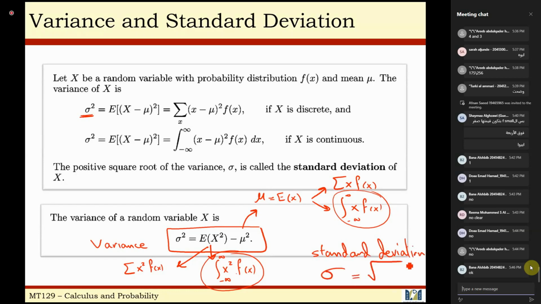This is equal to the radical of the variance. So if we have the variance, it's easy to find the standard deviation. If the variance is 4, the standard deviation is radical 4, equal 2, for example.